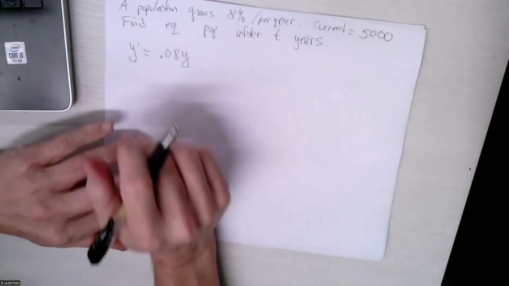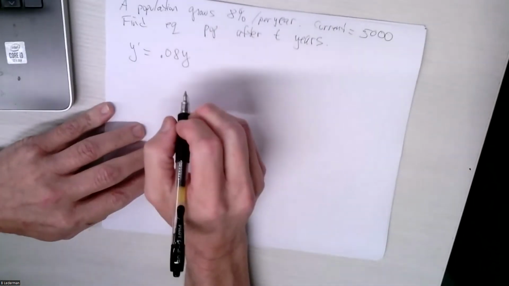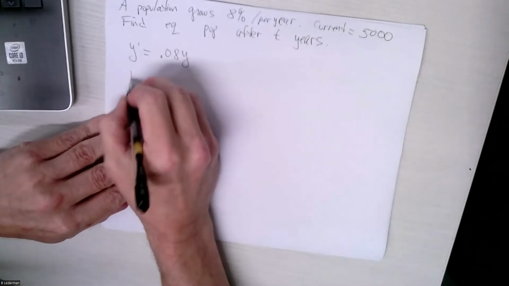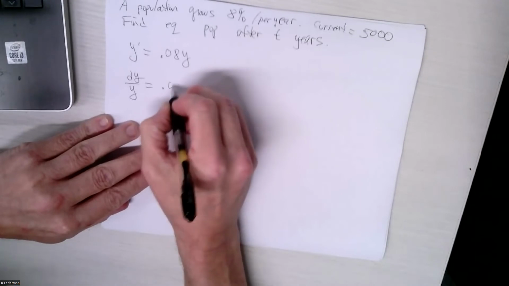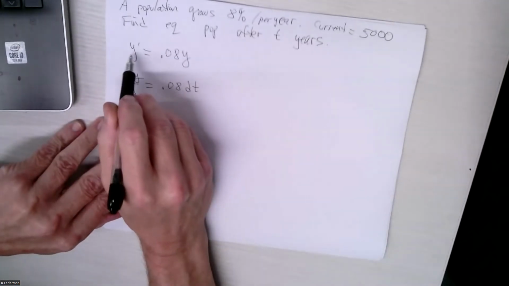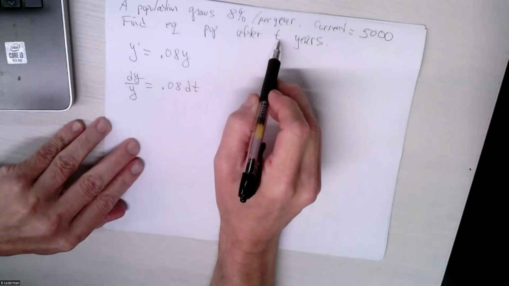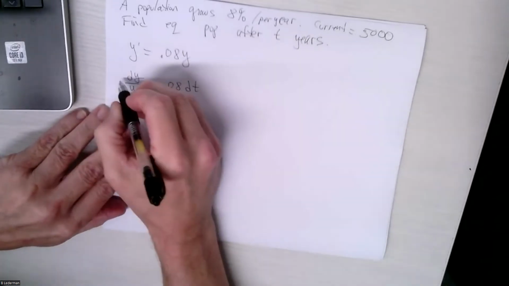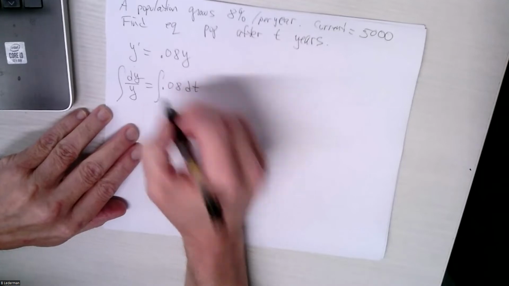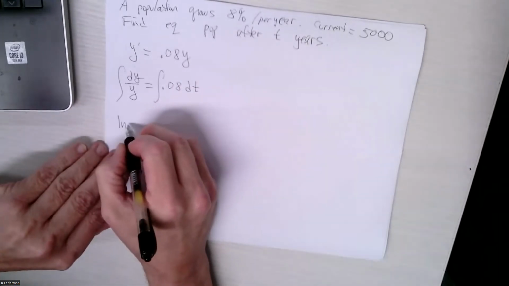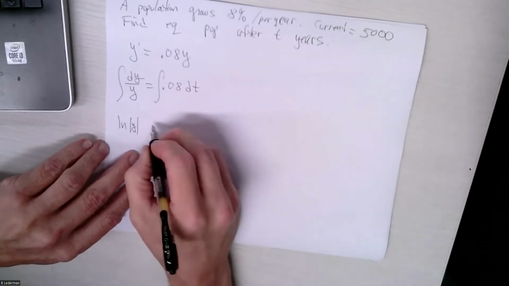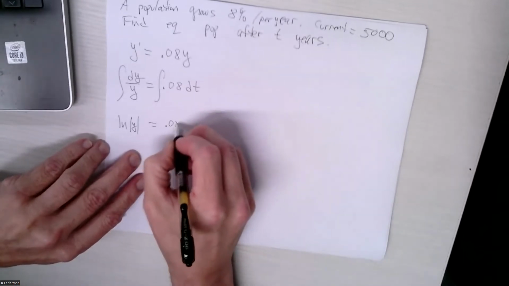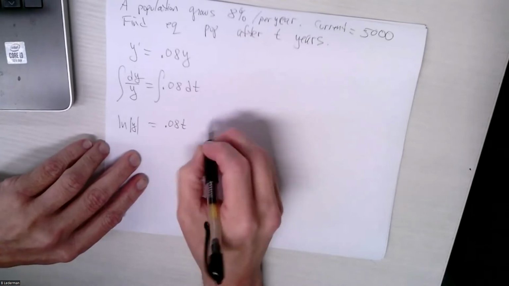Now this is a separable differential equation, and I get dy over y equals 0.08 dt. Don't forget, this is not dy dx, this is dy dt, because we're talking about time now. Now I integrate each side, and I get ln of the absolute value of y equals 0.08 t plus some constant.